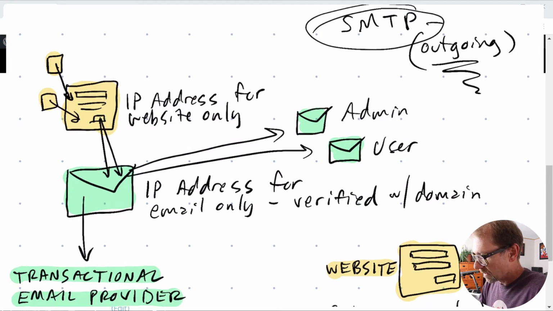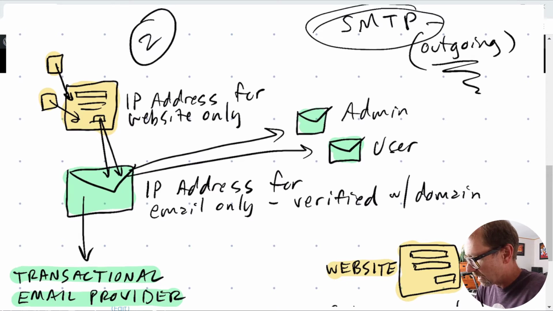And so the second way, and the better way of sending, I should say, transactional email, is that the website, again, it might have a web form, it might have an e-commerce site that needs to send receipts, but the website, as we know, has an IP address.